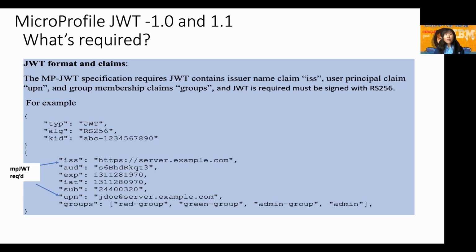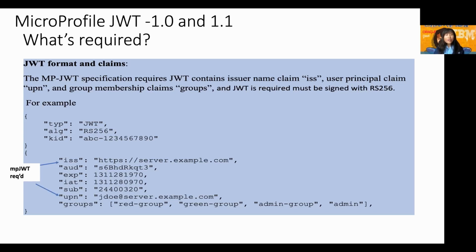Thirdly, the MicroProfile JWT must be signed using RS256. I mentioned earlier you could sign a JWT using another algorithm. However, MicroProfile JWT 1.0 and 1.1 require that you must sign with RS256.